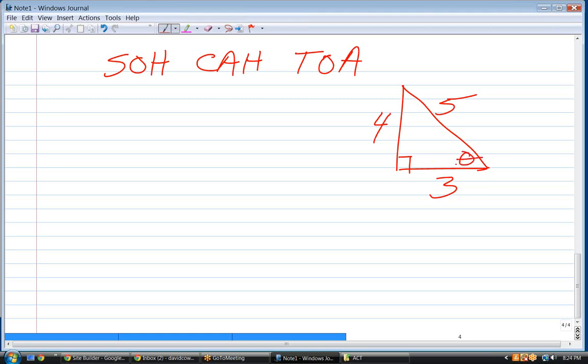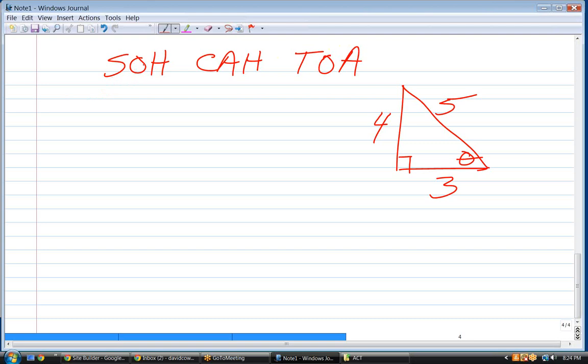What is the sine of theta? Well, we have the side... Okay, let me go over what this means. Sine means opposite over hypotenuse.